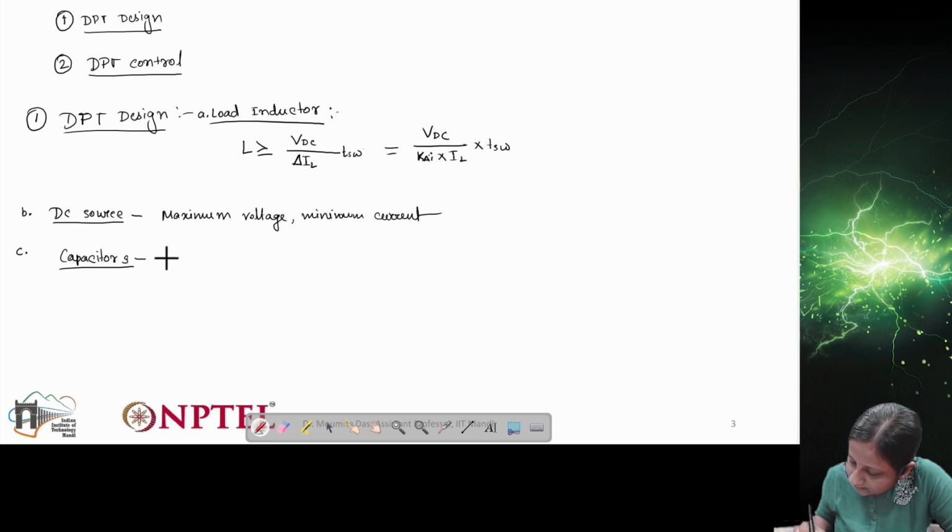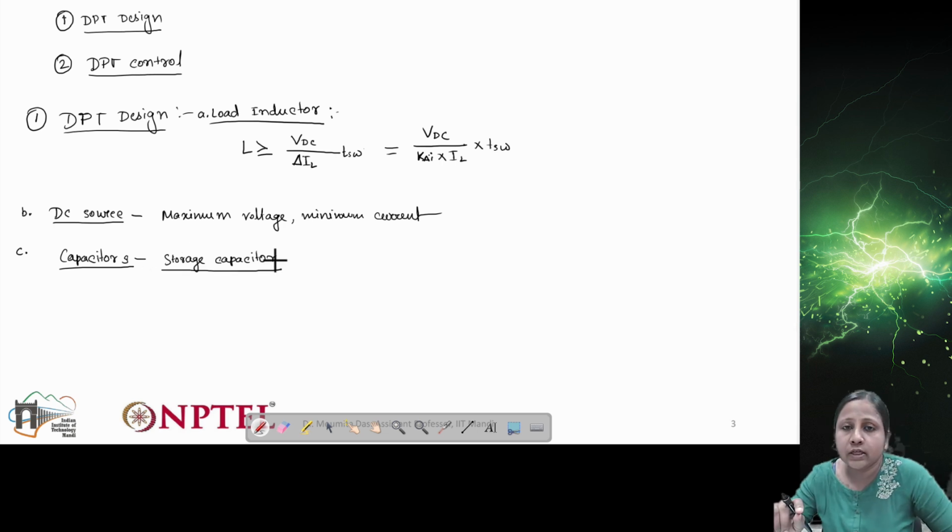One is known as the storage capacitor, or bulk capacitor. This should be able to provide the required current to the inductor.